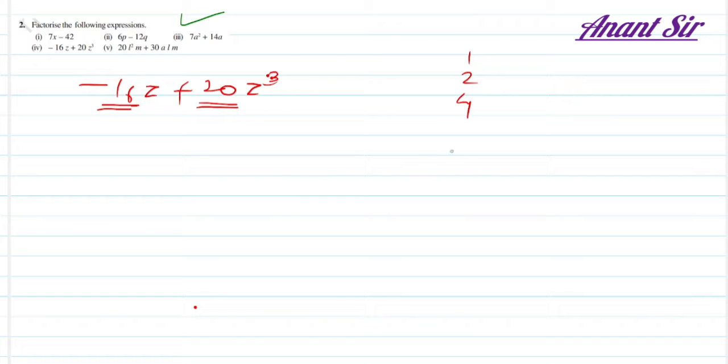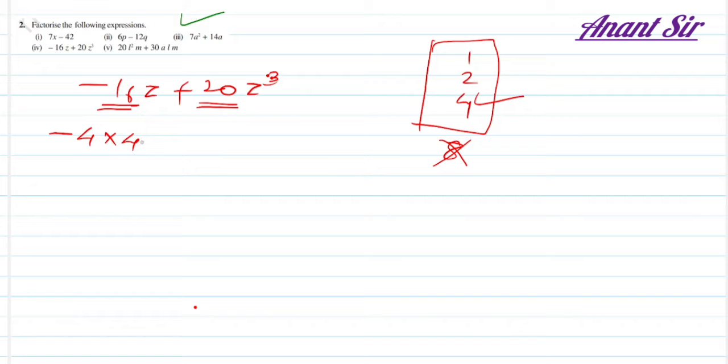I can divide 16 by 8 but cannot divide 20 by 8, no? So it is of no use. So I can divide both the numbers by these 3 numbers only, and out of this 4 is the greatest. So I will write using the table of 4. 16 I will write as 4 times 4 and 20 as 4 times 5, and z cube will be z into z into z.